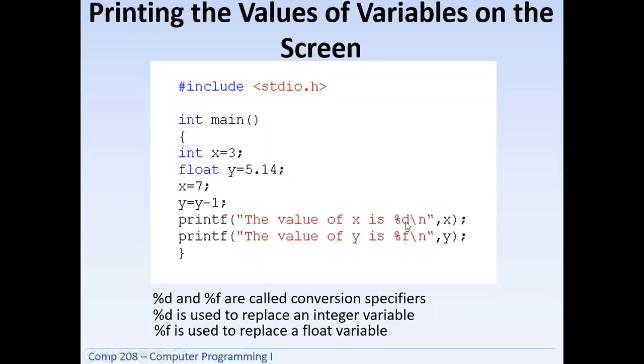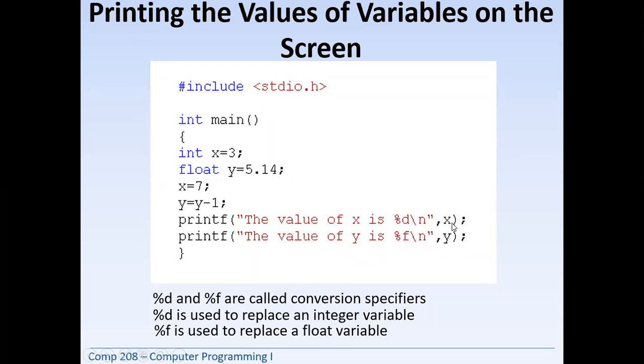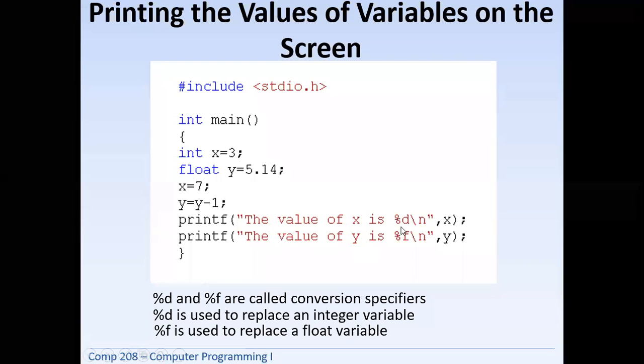When we put comma x, the value of x will be moved here, instead of %d. %d means go to memory and locate x and send me the value of x and put it here.